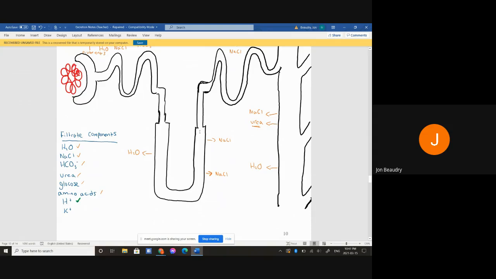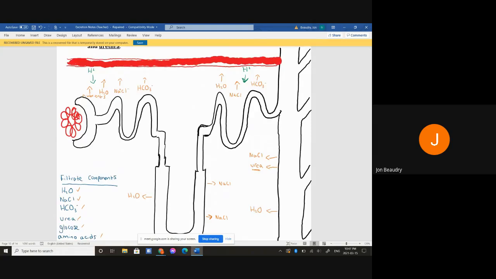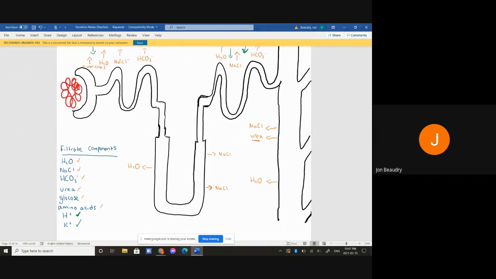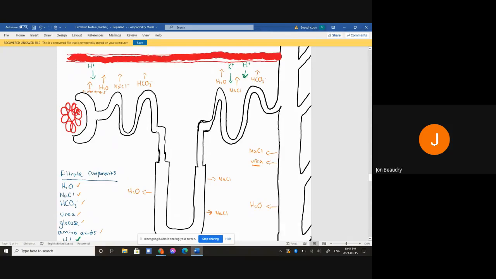So if I get rid of my hydrogen ions, it makes sense that I'm going to lower my blood pH. Now, the last substance on there is potassium ions. Potassium ions are getting secreted from my efferent arteriole in my DCT.